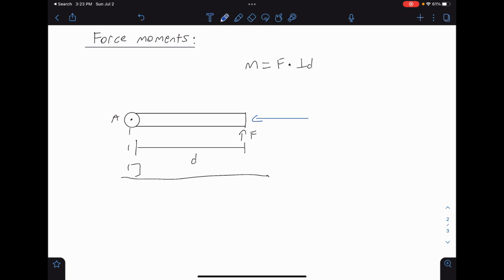Nothing's going to happen. You're just going to end up pushing on the door, and there's going to be zero rotation, zero tendency to rotate. So that little blue line I drew there is called the line of action, and that is directly in line with our point. And our other force was perpendicular to this line of action.